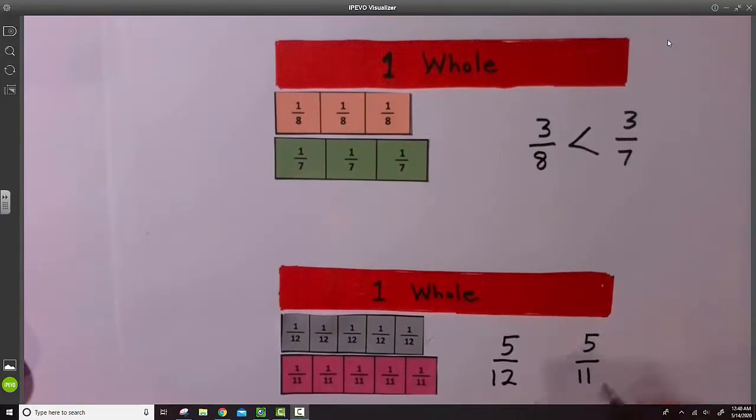I believe you'll notice that the numerators are the same and the denominators are different. So think, when a denominator is smaller, that actually is a greater length or a greater part. So 5/12 is less than 5/11.